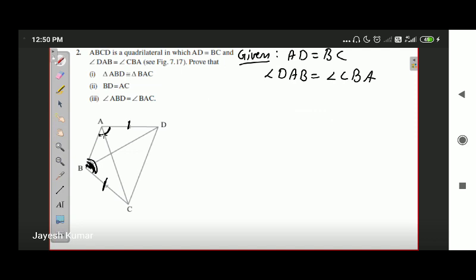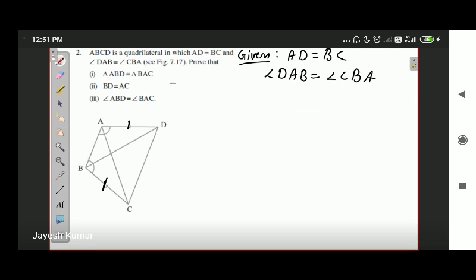See, there are 3 angle A's. One is this, one is this complete angle. So what I am saying is this complete angle A is equal to this complete angle B. Okay.